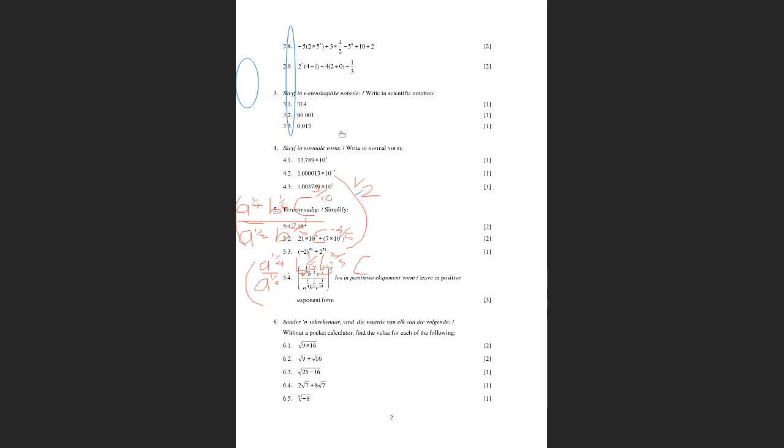So we are going to have 3 over 5 over c to the power of 1 over 10.